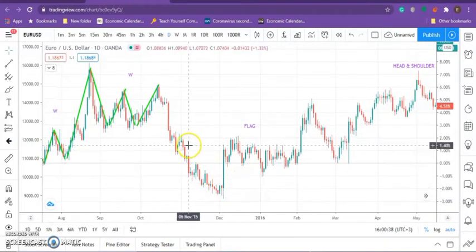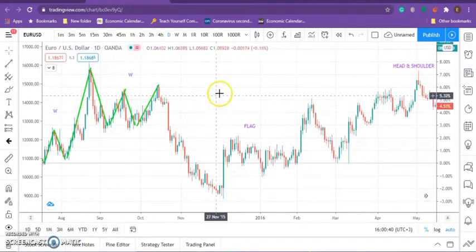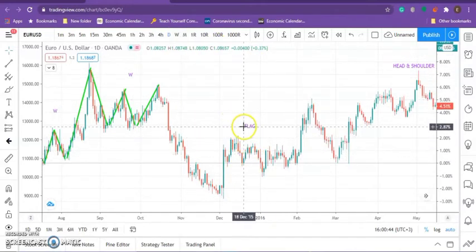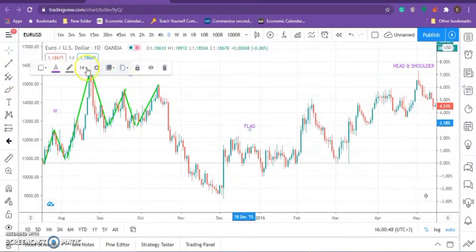So another thing we're going to do, we're going to look at the flag. The flag now forms something like this. This is a bullish flag. Let me rename it here.